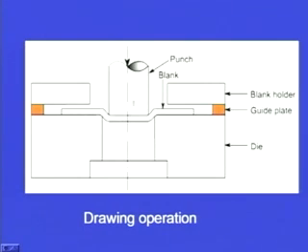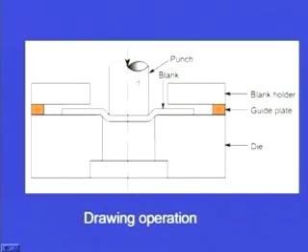Whatever shape we want to make, the die opening or the die shape will be according to the final requirements or the final features that we want to have in the blank, the raw material in this case. So, this is the principle of drawing operation.